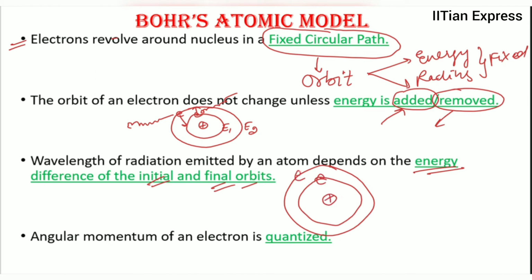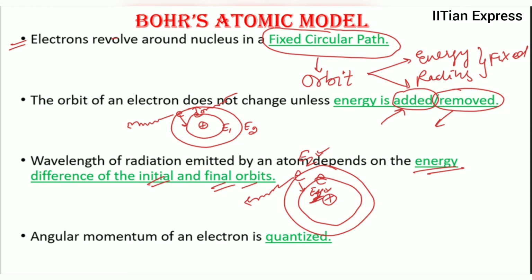If this electron loses some energy in the form of radiation and jumps to the lower energy level, then it is jumping from E2 to E1. This is the initial energy level or initial orbit, and this is the final orbit.